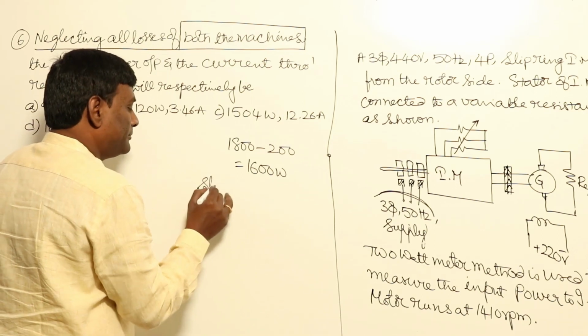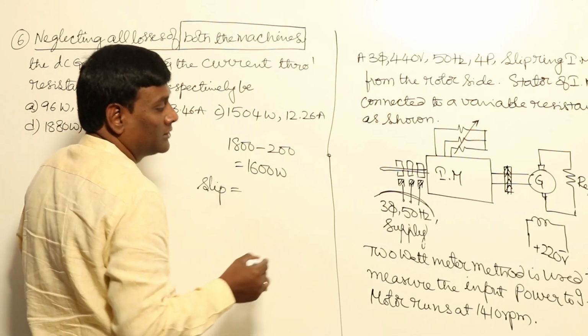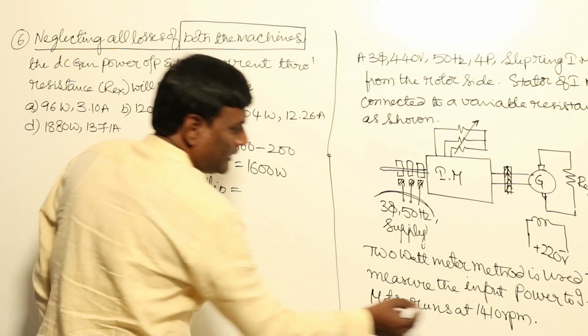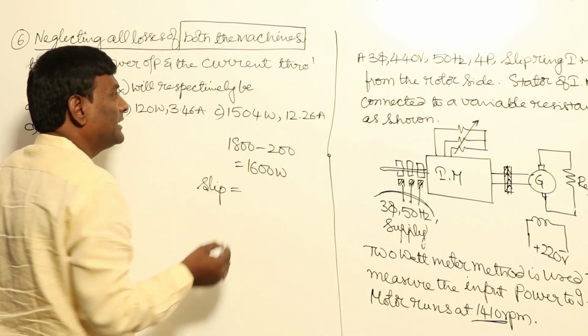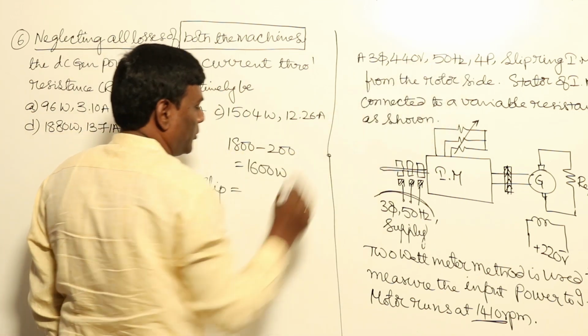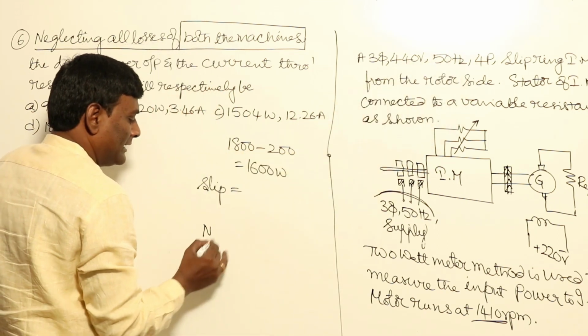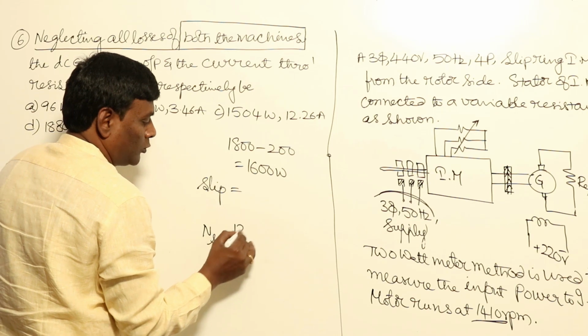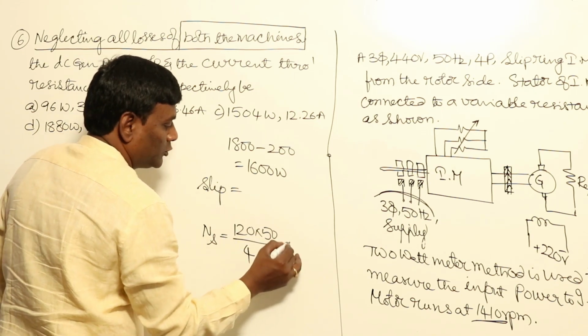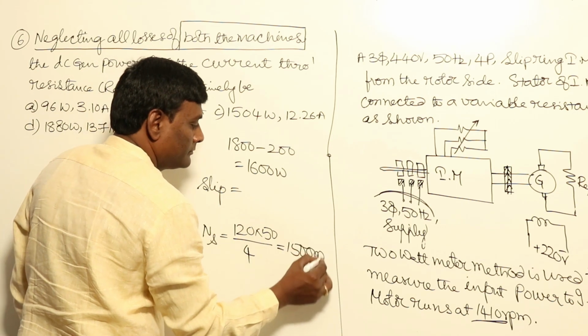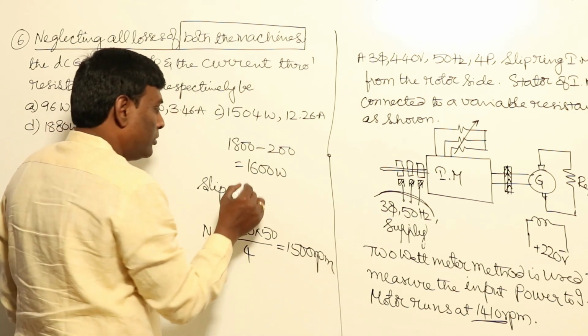It is rotating at 1410 rpm, and the synchronous speed should be 1500 because it is 50 Hz, 4 pole. NS is 120 into f by P, which is 1500 rpm.